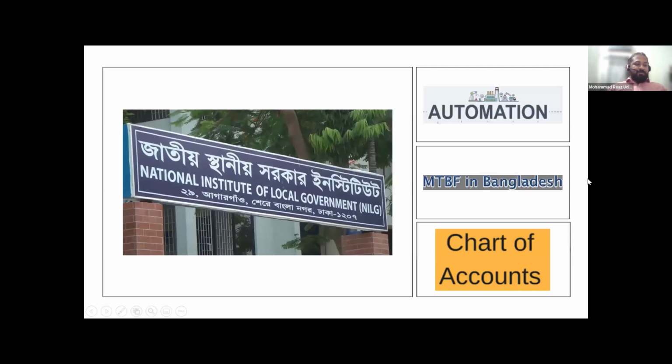On the fiscal decentralization side, Bangladesh continues to be one of the least decentralized countries. Data from many countries around the world shows that comparing countries spend around 20 to 28% of the total government spending through LGIs, but Bangladesh is around 7% as of now.